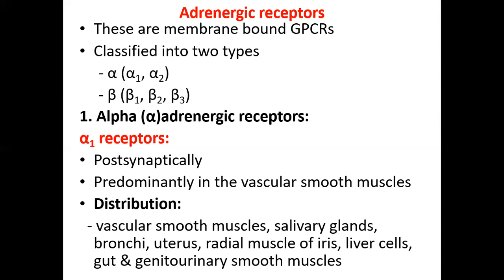They are distributed mainly in the vascular smooth muscles, salivary glands, bronchi, uterus, radial muscles of iris, liver cells, gut, and genitourinary smooth muscles.